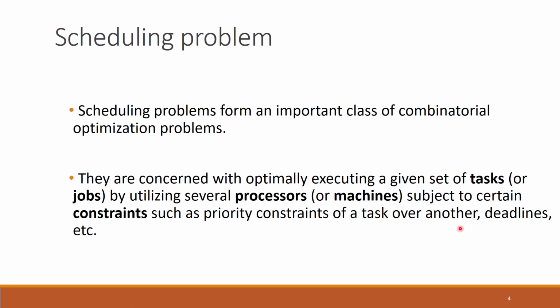So for example, to give you a very easy case, suppose you have 3 tasks that need to be done and there is a single machine, and you can only process one task at a time on that given machine or processor.